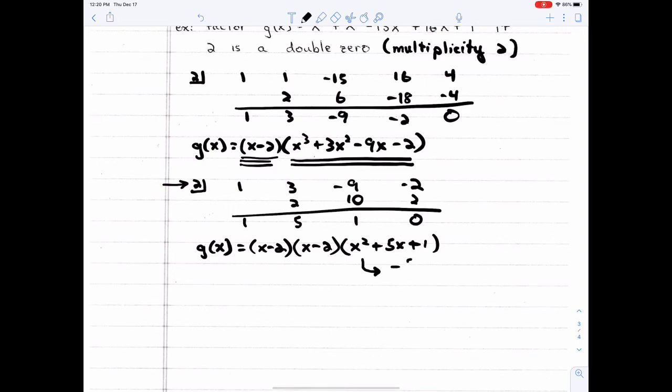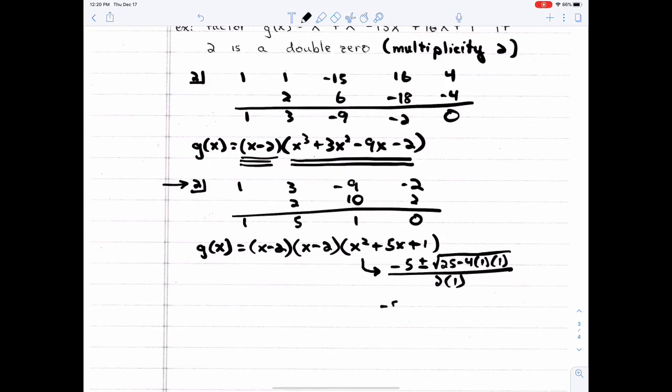So we have -5 plus and minus. Remember, this is two things. B squared, which is 25, minus 4 times 1 times 1 all over 2 times 1. Now, don't forget, that is not one number, that's two numbers.